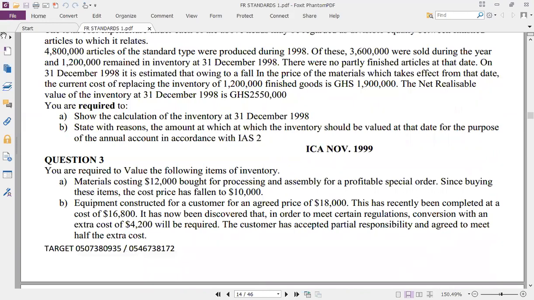So just the A. Tell me how the inventory will be stated. There you know the rule, right? The lower of cost and net realizable value. So question 3A, kindly do it for me. Just 2 minutes, because it's a sentence, so very short.